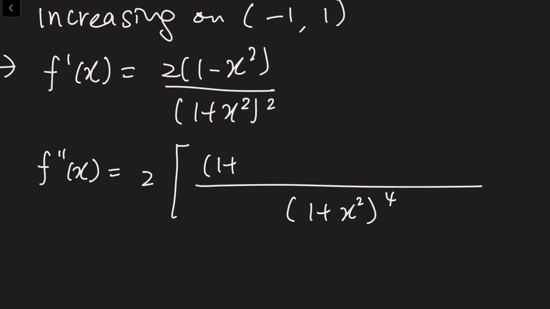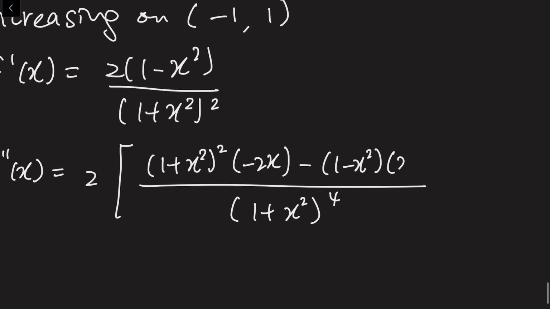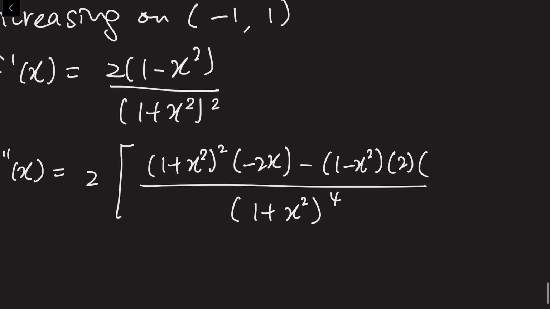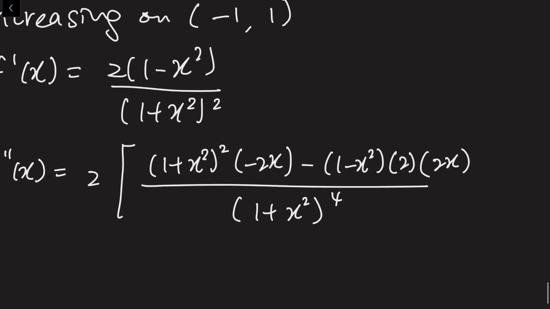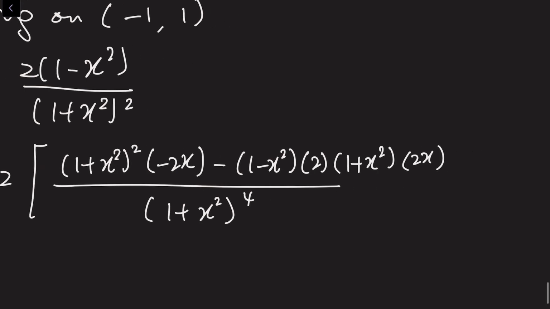Copy bottom, differentiate top. I already took out the 2, yeah? Then minus, copy top, differentiate bottom. 2x, am I right? I forgot something. 2, then 1 plus x squared, then inside function, chain rule.